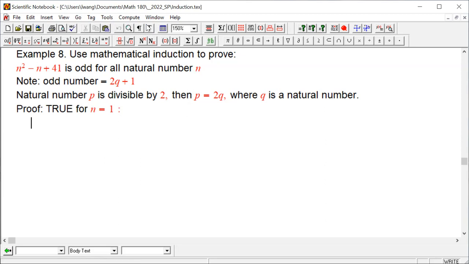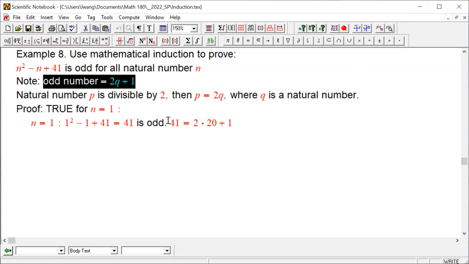So when n equals 1, this expression turns out to be 1 minus 1 plus 41, that's going to be 41. 41 is odd, for sure. If you like, you can write 41 as 2 times 20 plus 1, so it is in the form of an odd number. But you don't really need to do this.